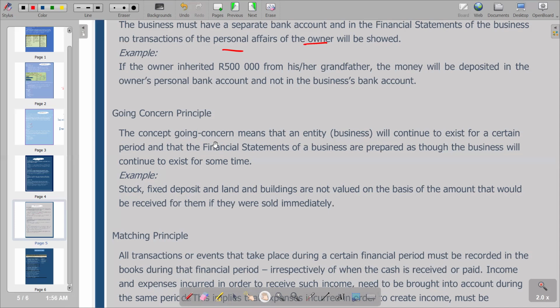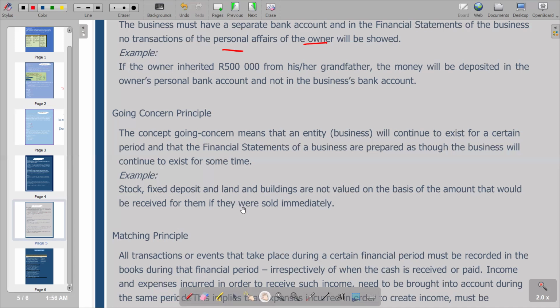So the explanation that we have is that the concept going concern means that an entity or business will continue to exist for a certain period, and that the financial statements of a business are prepared as though the business will continue to exist for some time. So I give an example again. Stock, fixed deposit, and land and buildings are not valued on the basis of the amount that would be received from them if they were sold immediately.